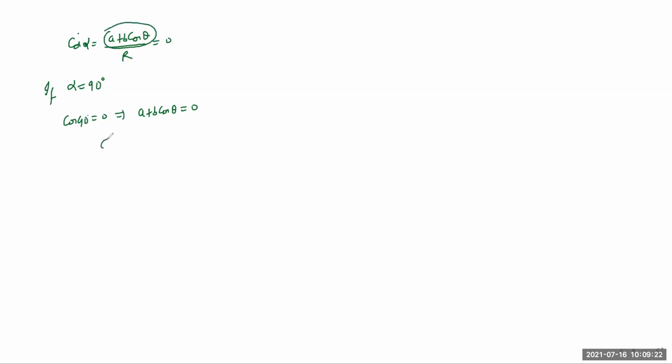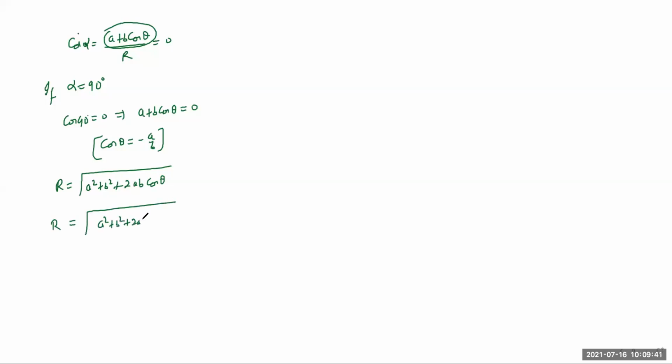And this will again give you the same answer: cos theta is minus A by B. And then we can go back to the formula of the resultant, which says A square plus B square plus 2AB cos theta. And this turns out to be, we have done this calculation. So there are various ways in which you can approach and solve a problem.